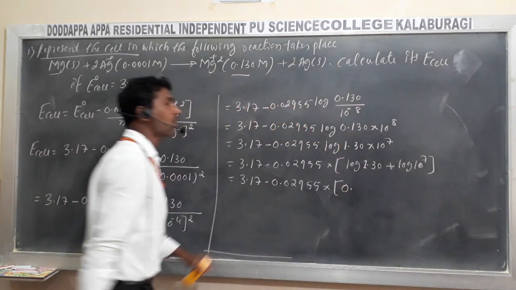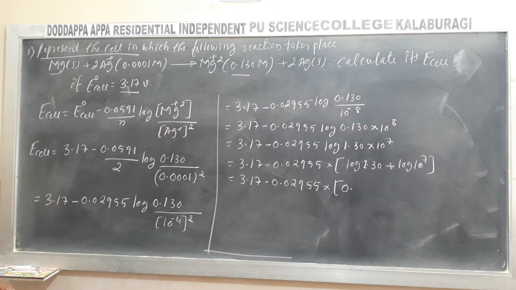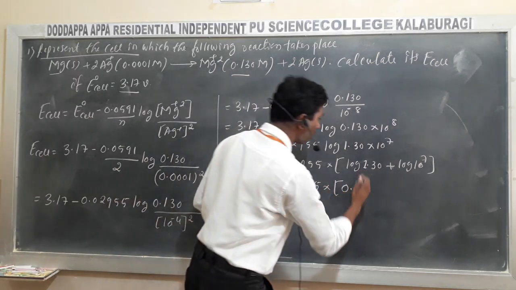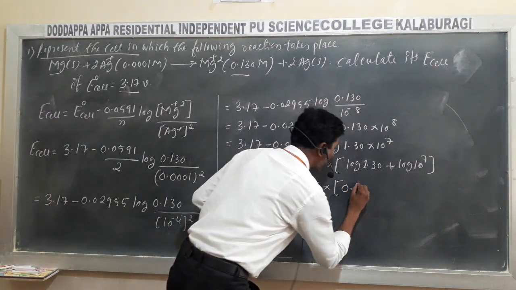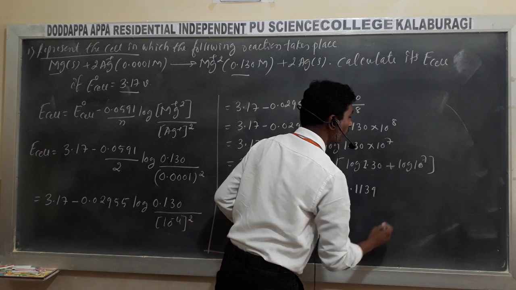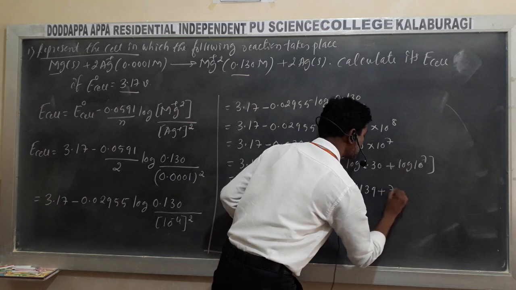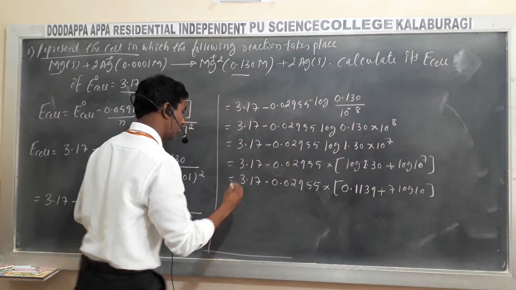The characteristic of log 1.30 is 0. Looking at the log table, the value is 1139. Log of a to the power of x is x log a, so it is 7 log 10. You know that log 10 equals 1.